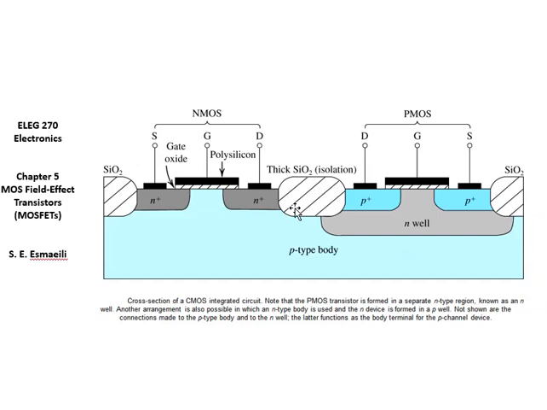So we use a big piece of SiO2 to isolate the NMOS and the PMOS that can both be created in one slab or one wafer.